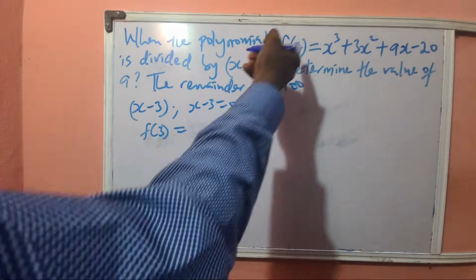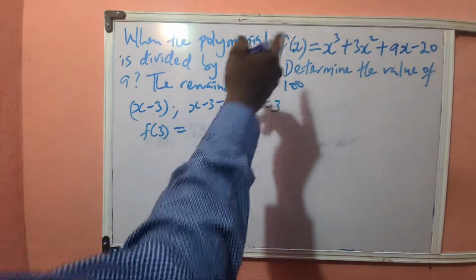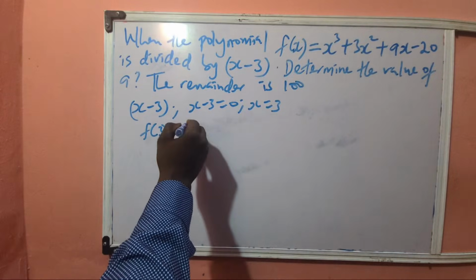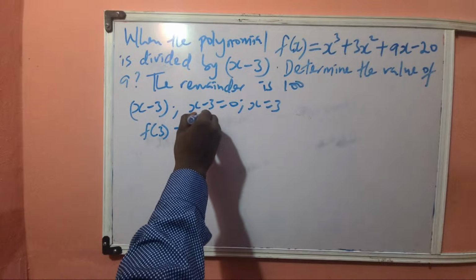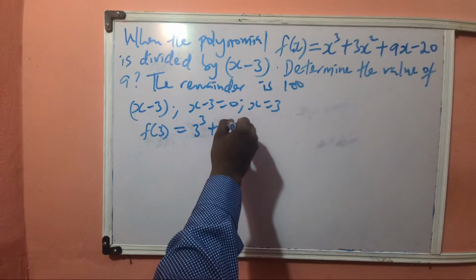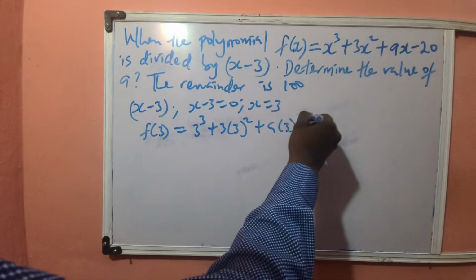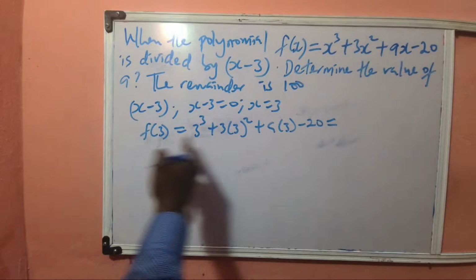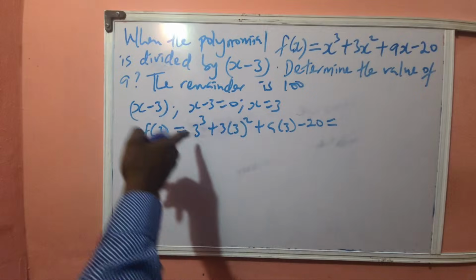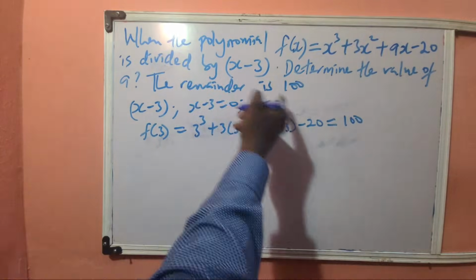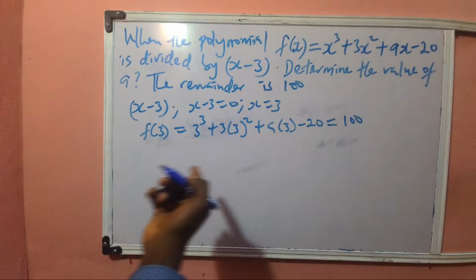That means if I fix in f of 3, x being 3, into the f of x function, I'll be having 3 cubed plus 3 squared plus a times 3 minus 20. Now, because it's not a factor, when I fix this in, what I get is the remainder. The answer is the remainder. That's based on the remainder theorem.